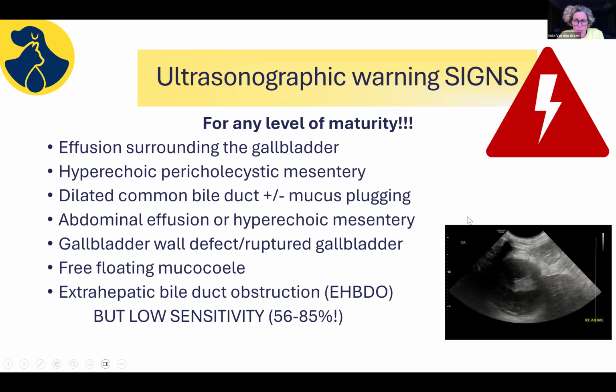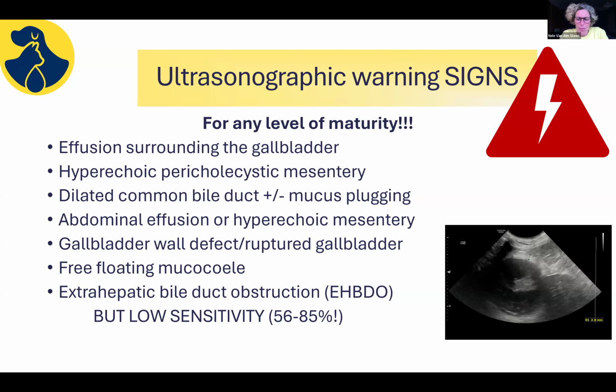If you find a dilated common bile duct and sometimes a plug of mucus in there, abdominal effusion, hyperechoic mesentery in general, and then the more obvious signs that you have to take these dogs to surgery would be gallbladder wall defect or rupture, a free-floating mucocele in the abdomen, which can be found once it starts floating around, definitely when it then builds up fluid anywhere in the abdomen, or extrahepatic bile duct obstruction.